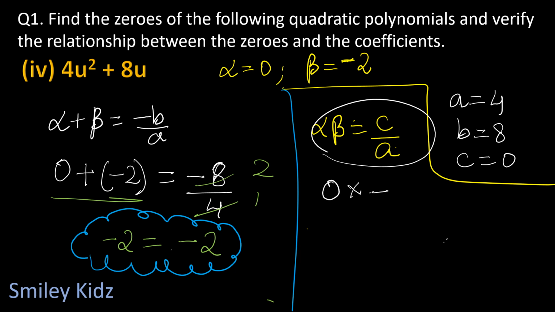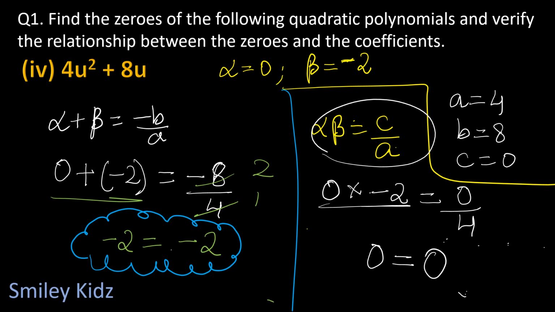So alpha times beta, which is 0 times minus 2 equal to what is C? 0, right? And what is A? 4. And we know that any number multiplied by 0 is 0. And what is the value of 0 divided by 4? It is 0. So this is how we have verified the relationship between the product of zeros as well.